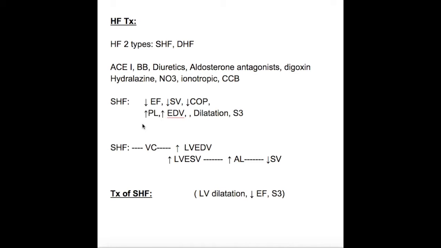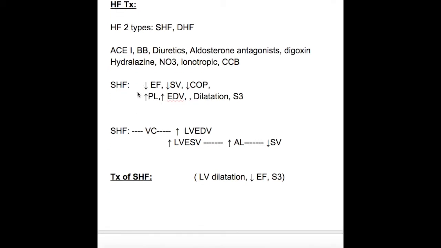So which of these drugs are used in systolic heart failure and which of them in diastolic heart failure? Because the two conditions are different. Some of the drugs are combined, but some of the drugs are used only in systolic, whereas the others are used in diastolic heart failure.